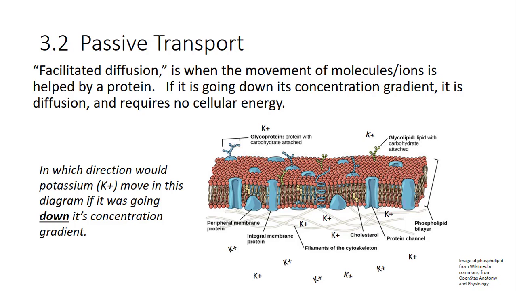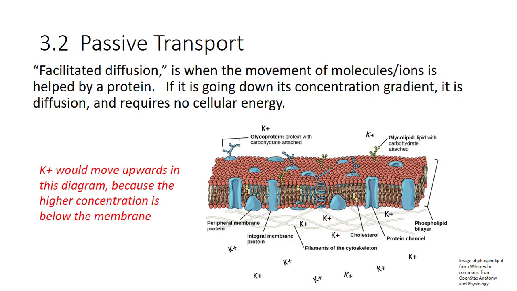Okay, are you ready? Here's our answer. In this diagram, potassium would move upwards because the higher concentration is below the membrane. So they would move through the channel like this to reach equilibrium.